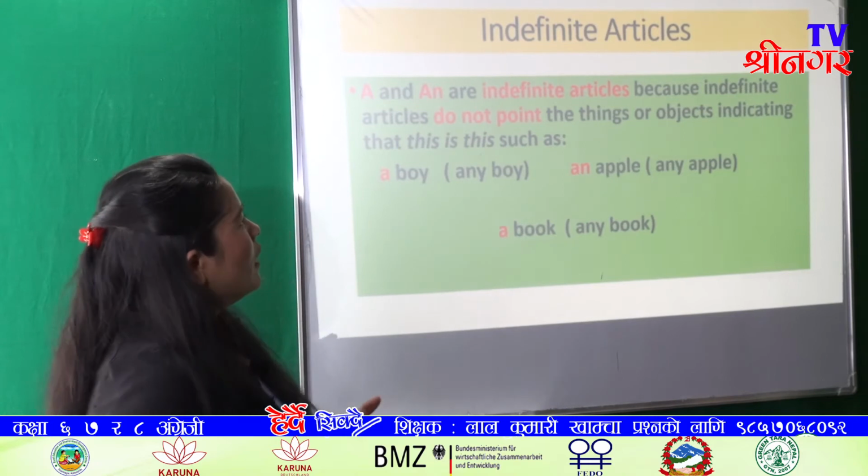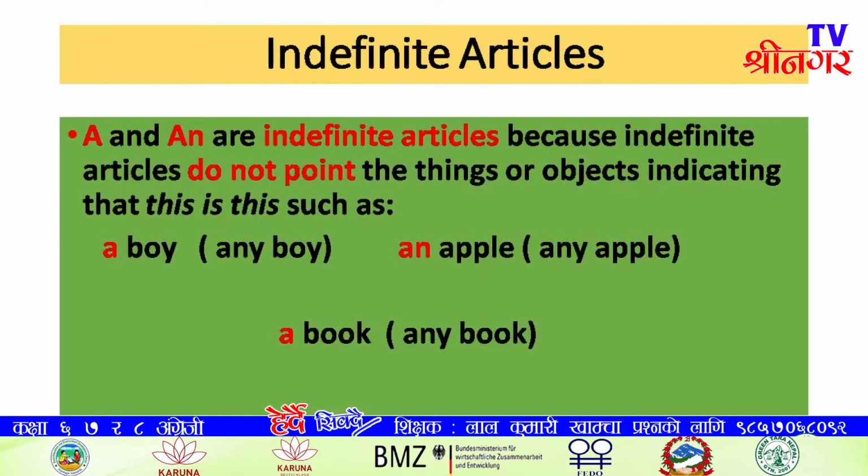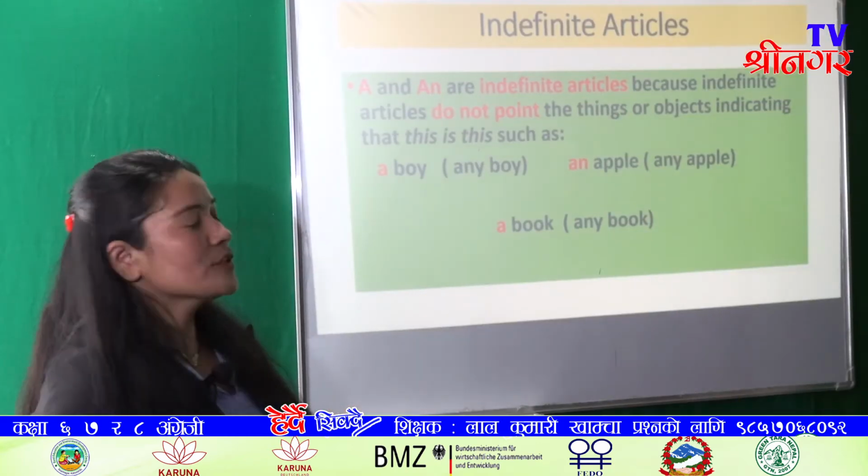So a and an are indefinite articles because indefinite articles do not point to things or objects, indicating that this is, these, such as.